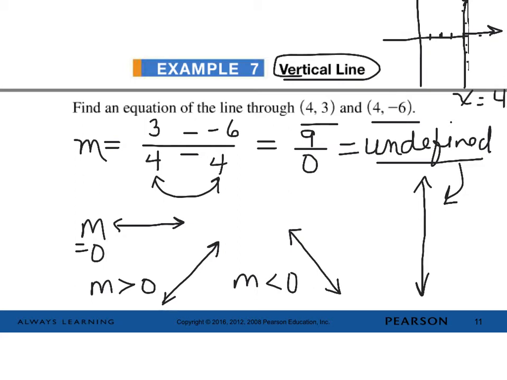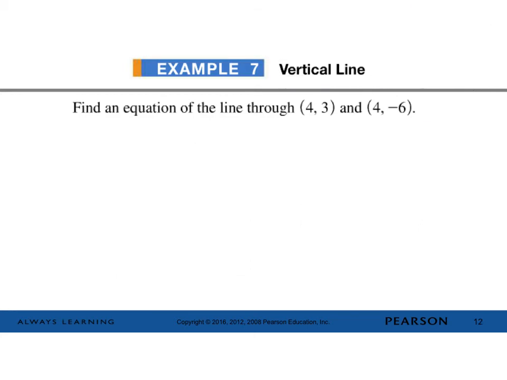And you know it's x equals 4 because both of your x coordinates are 4. That's going to follow the same logic as what we did when we had a horizontal. Finding the equation of this vertical line means that you need to look at the fact that the x value in both is 4, and therefore the equation is going to be x equals 4, and that's going to be because the line is vertical.